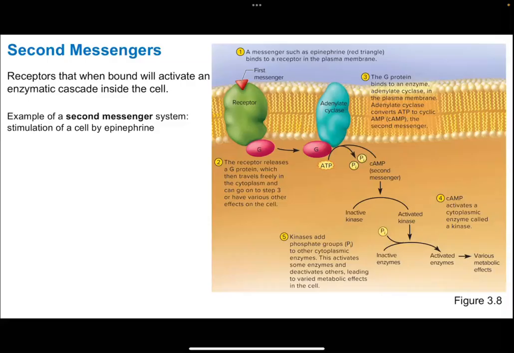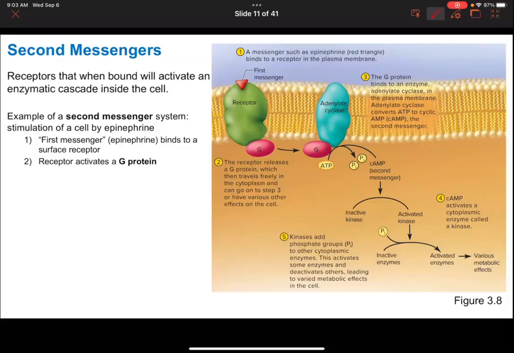And an example of this is going to be stimulation by epinephrine. So we have cells in our body that have these receptors, and when epinephrine is present, they will bind the receptor and activate the G protein, which is this pink protein attached to this receptor protein.